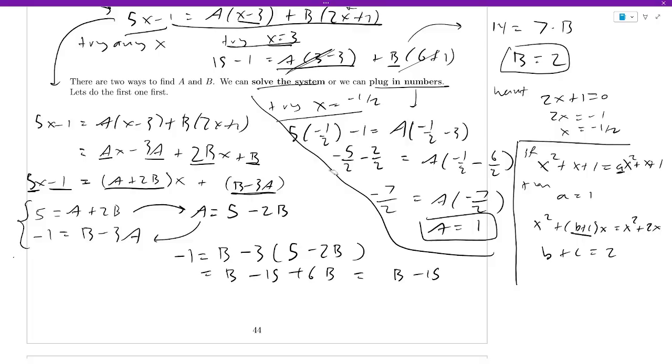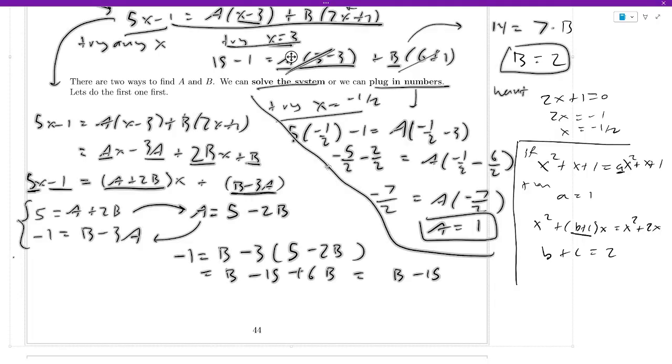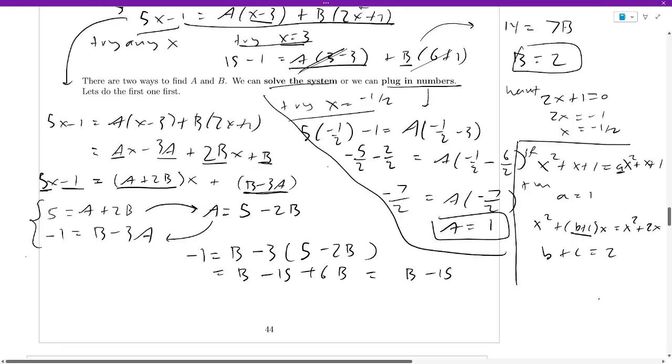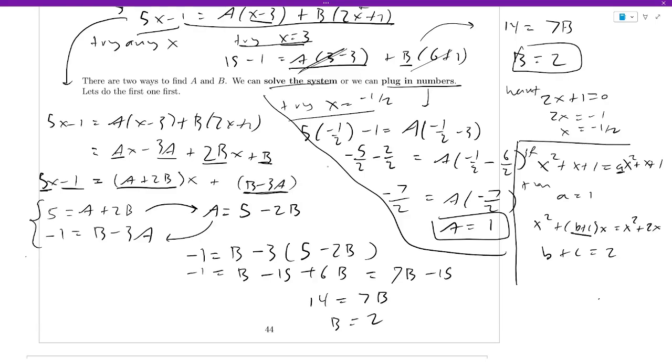Or sorry, 7b. I said 7, but I wrote 6. So we have 7b minus 15. And then as our final step, remember we had negative 1 over here, so we'll add the 15 over. So negative 1 plus 15 is 14 equals 7b. And so b is 2. So that's the same that we got earlier for b.